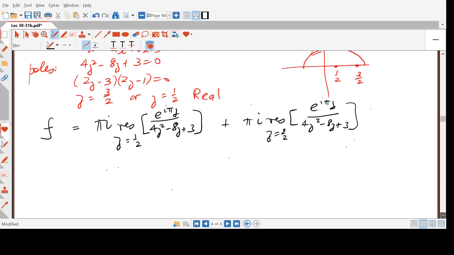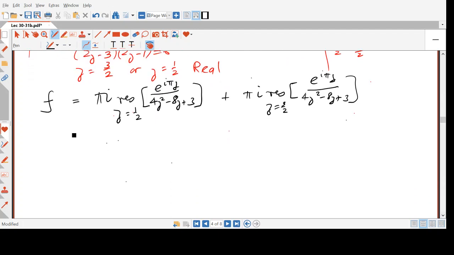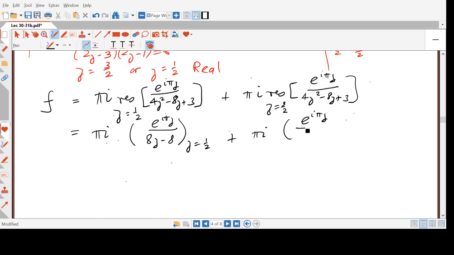So both of them must be treated by the principal value idea, and then this becomes pi i times the residue, which will be e to the i pi z, differentiate the denominator, it's 8z minus 8, plug in z equals a half, then plus pi i, same thing, e to the i pi z over 8z minus 8, plug in z equals 3 over 2, and carry on working this out.